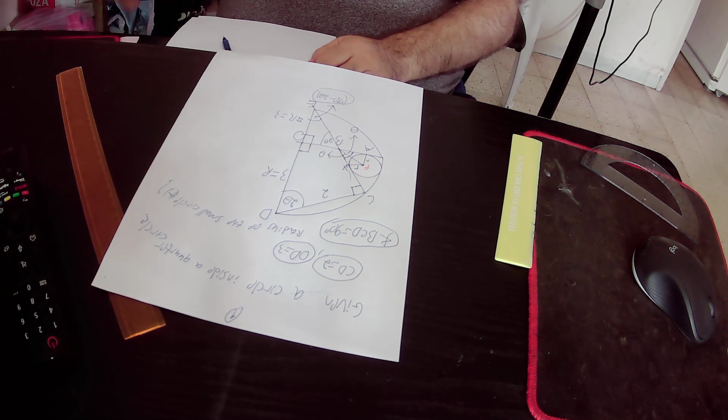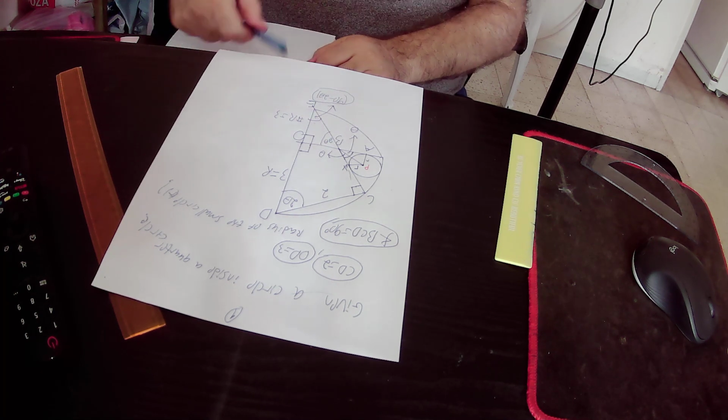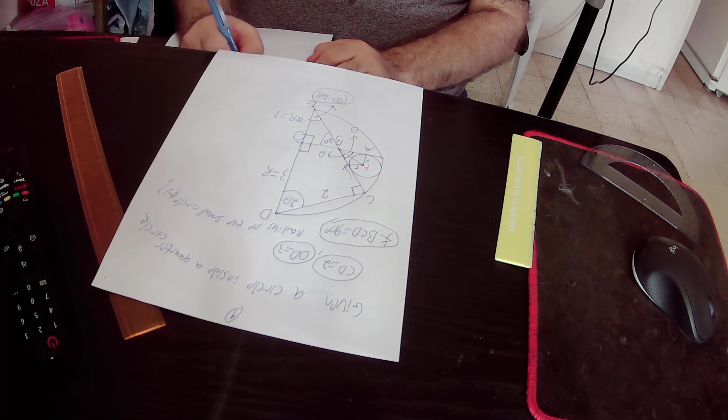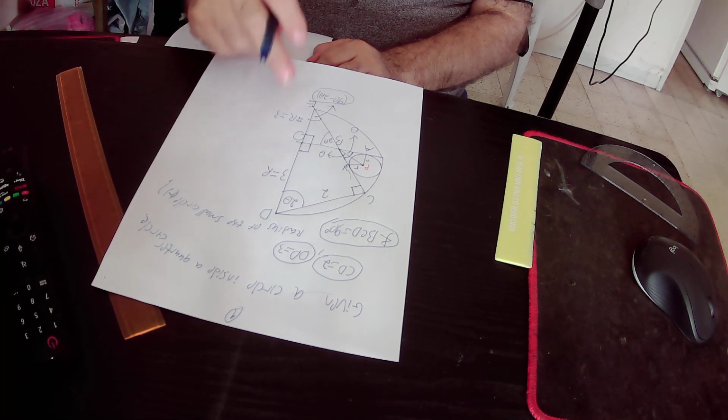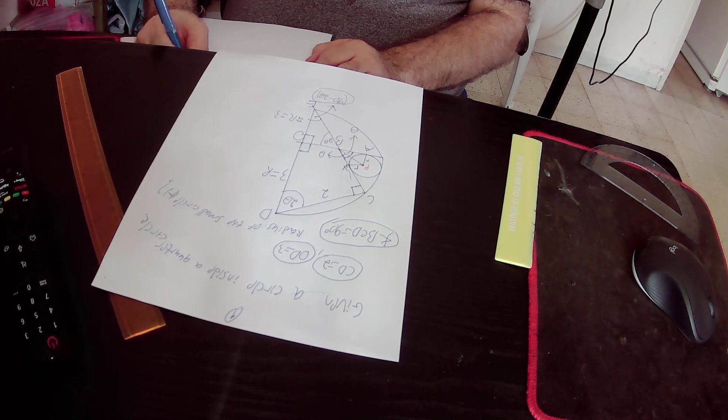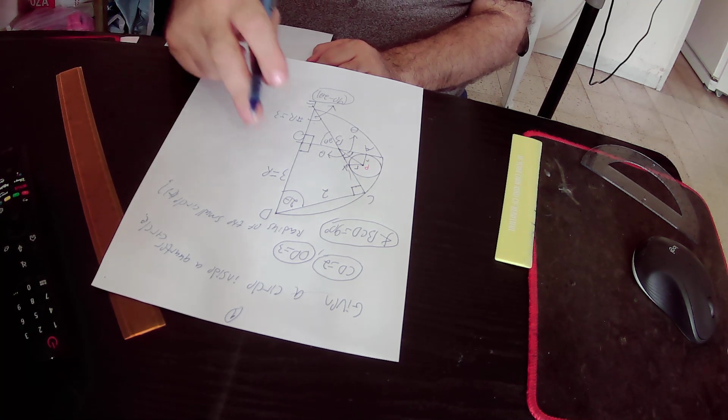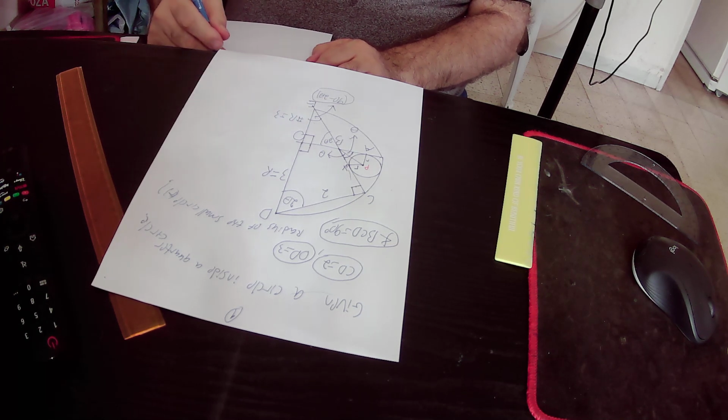So it means that CD square plus CE square equals DE square. And we know that DE equals 3 plus 3, that is 6, so DE squared is 36.